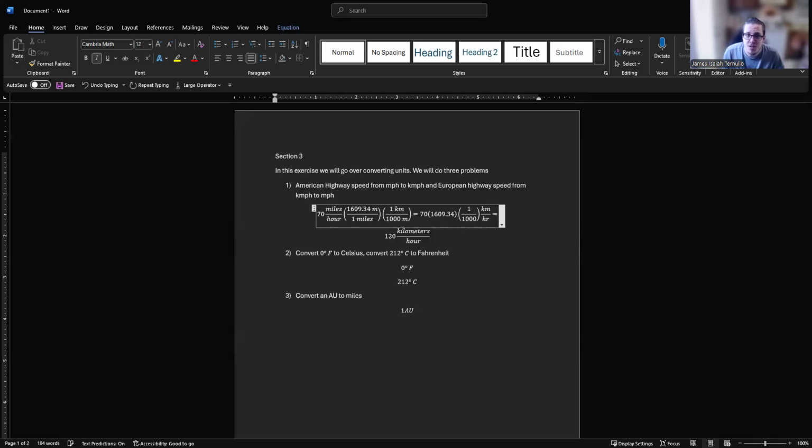And so if we do this computation, we're going to find that, I don't have a calculator on me. I never have a calculator on me. So we need to multiply 70 times 1609.34. And that's going to give us, I'll just do that like this.